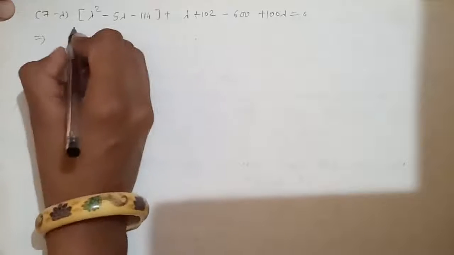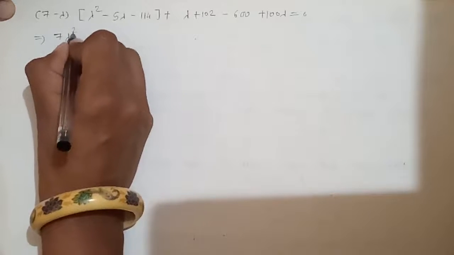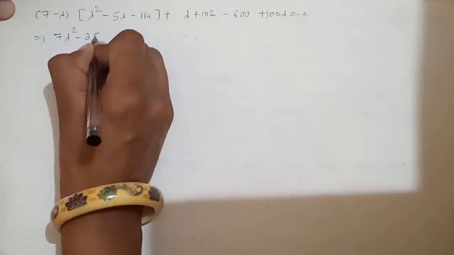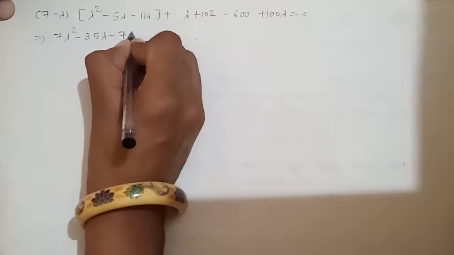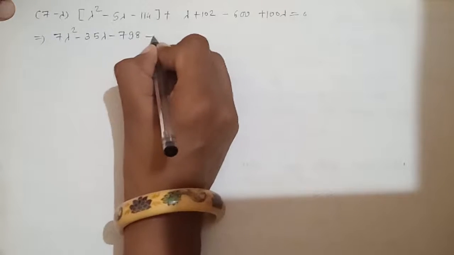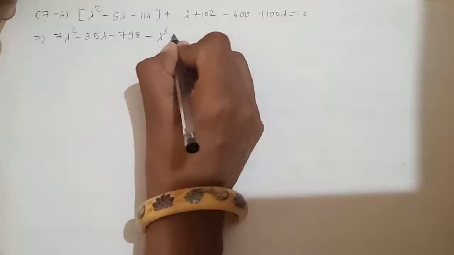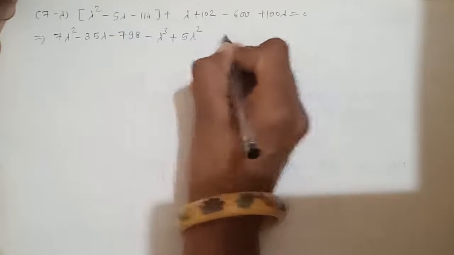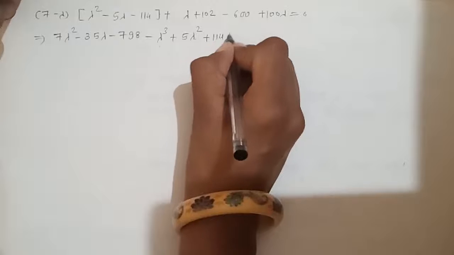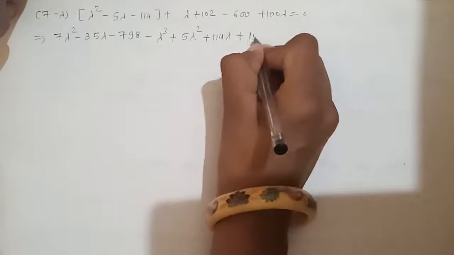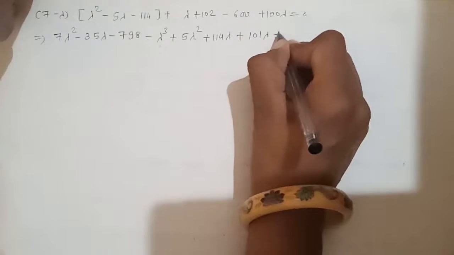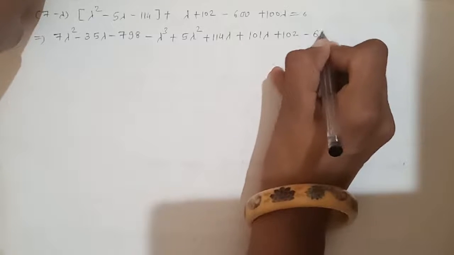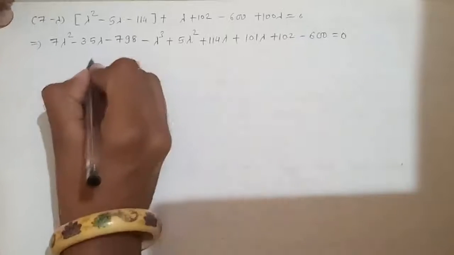Now we will further simplify this. So this becomes 7 lambda square minus 35 lambda minus 798 minus lambda cube plus 5 lambda square plus 114 lambda plus 101 lambda plus 102 minus 600 is equal to 0.